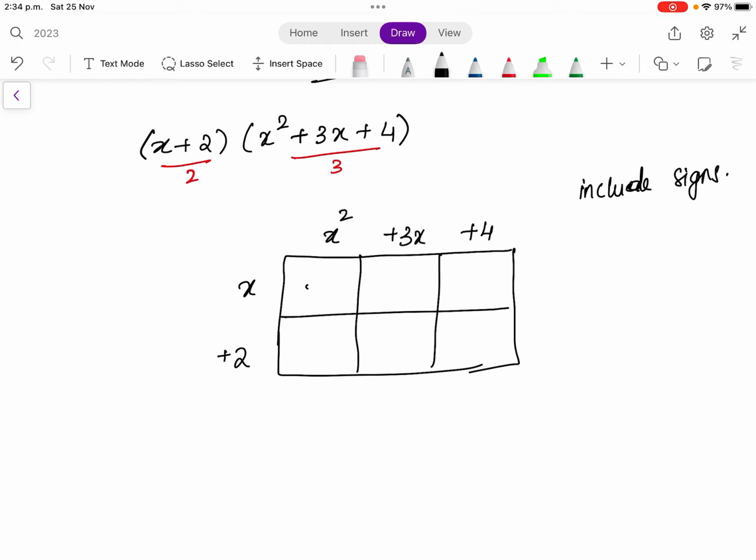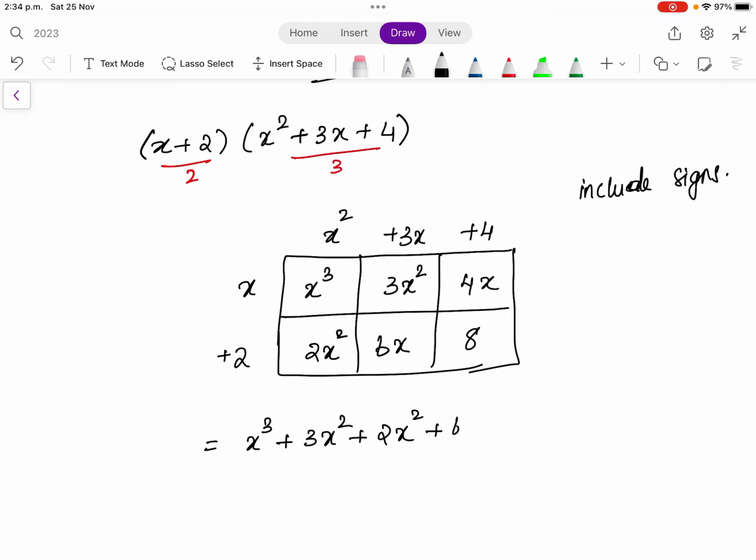Then you multiply, so it becomes x cube plus 3x square, then 4x, then 2x square, then 6x, plus 8. Then you add everything together, which is x cube plus 3x square plus 2x square plus 6x plus 4x plus 8.